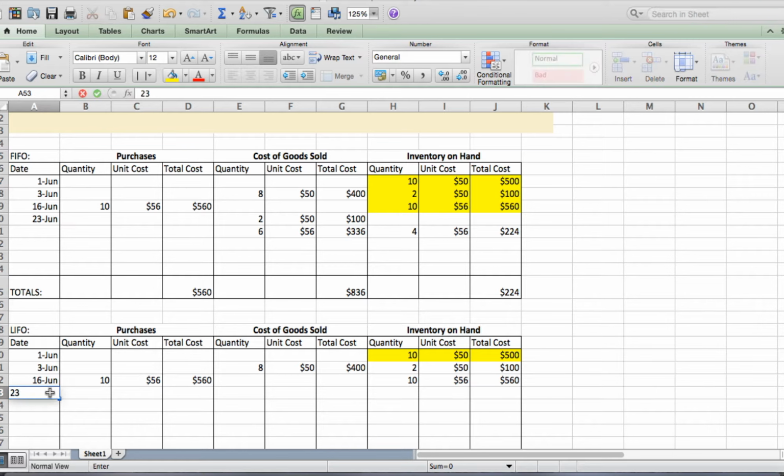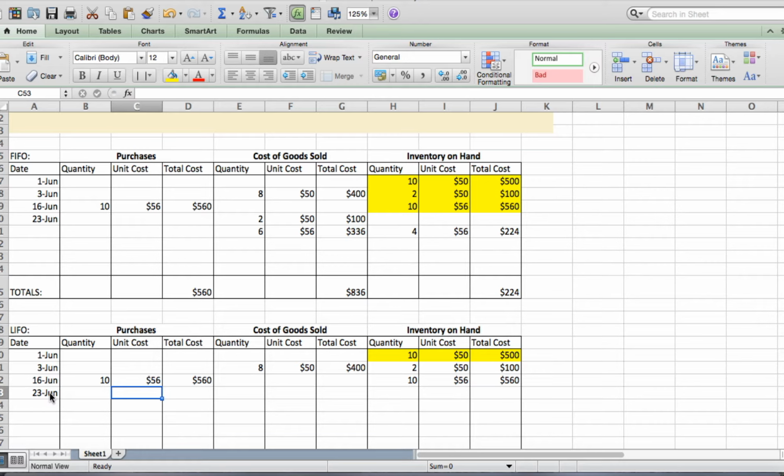So this is the one that's going to be different. On June 23rd, I want to record the fact that I'm selling 8 of these. Okay? Since I'm using LIFO, I want to work from the bottom up. So, do I have enough units in this bottom category to sell them all at $56? Yes.